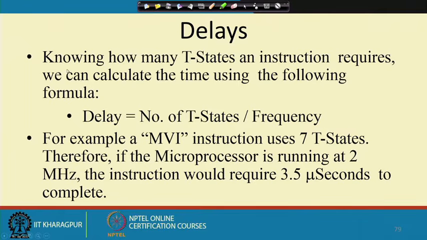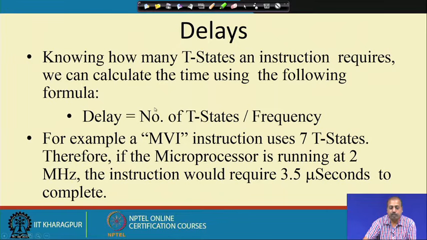For a particular program, if we calculate the total number of clock cycles needed and divide it by the frequency, we get the delay involved in executing the program fragment. At a single instruction level, for example, this MVI instruction has 7 T states, where each clock period is 1 T state.